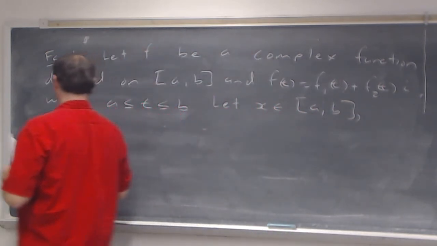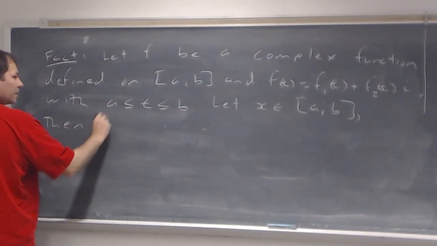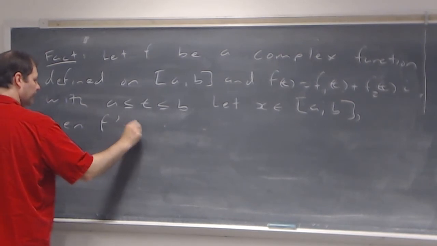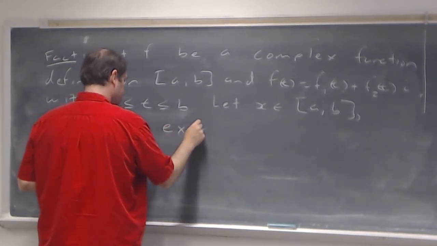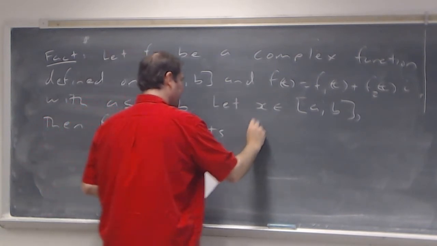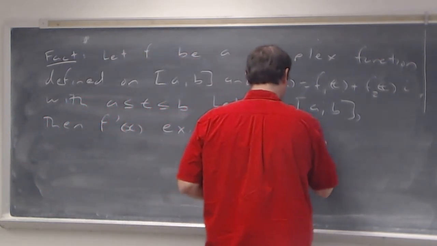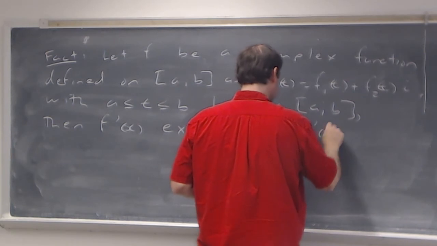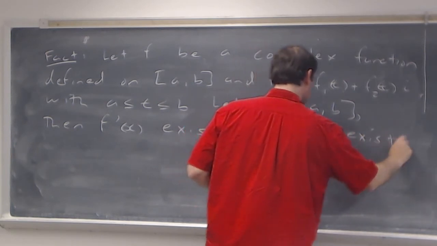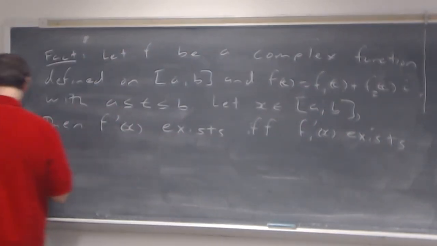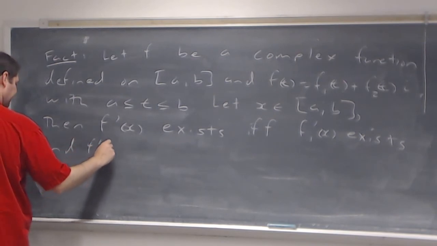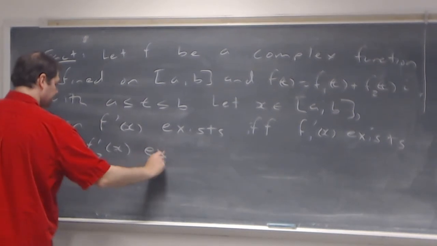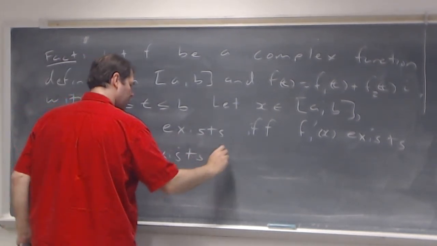Then f prime of x exists if and only if f sub 1 prime of x exists and the first derivative of f sub 2 of x exists. And that's not all.